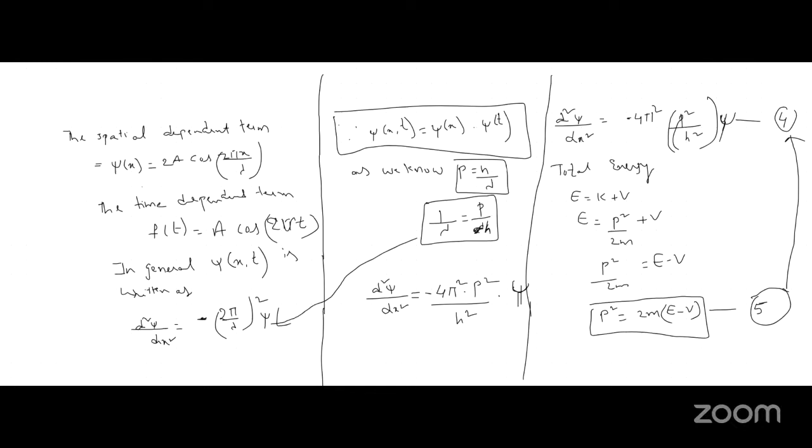After substituting equation 5 in equation 4, we get dou square psi by dou x square is equal to minus 4 pi square by h square times 2m times E minus V.